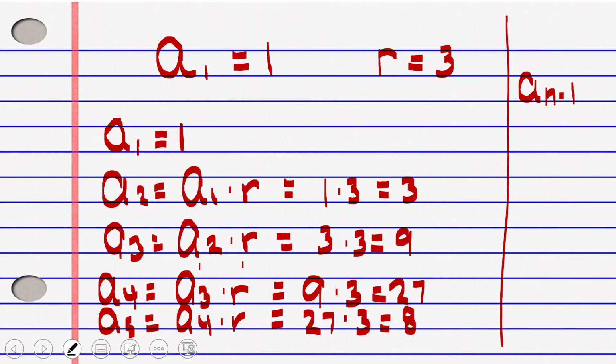That becomes 81. So to jot down your terms in the sequence, that would be 1, 3, 9, 27, 81, and so on. That would go on infinitely.